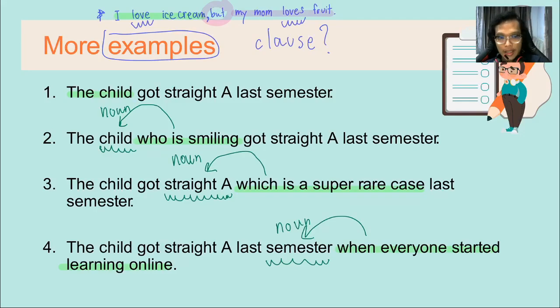So again, if we talk about an adjective clause, it means that we are using more than one word, very similar to a sentence in a clause, to describe what? To describe a noun, right? A noun or nouns.